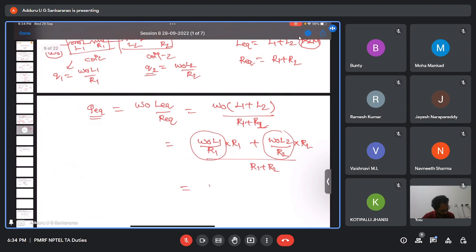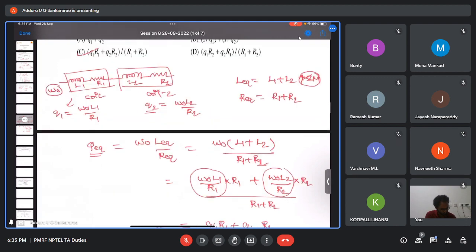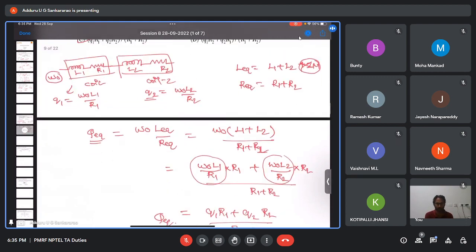So this is Q1 R1 plus Q2 R2 by R1 plus R2, Q equivalent. So C is the correct option: Q1 R1 plus Q2 R2 by R1 plus R2. Is that okay?